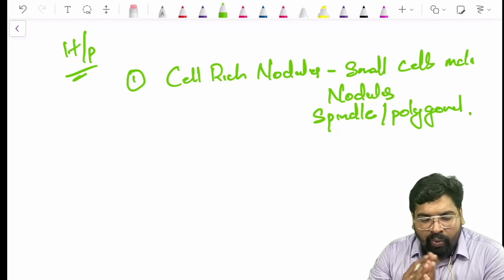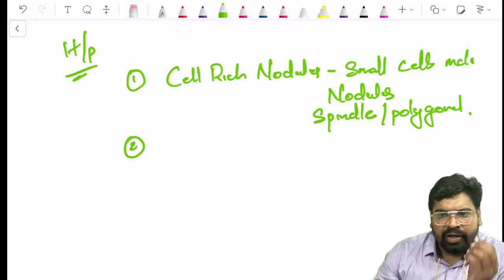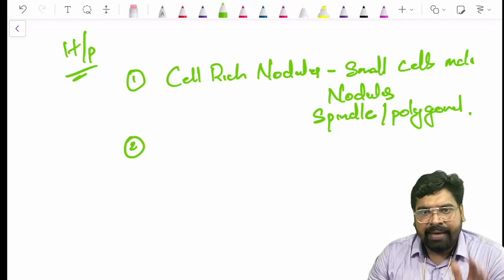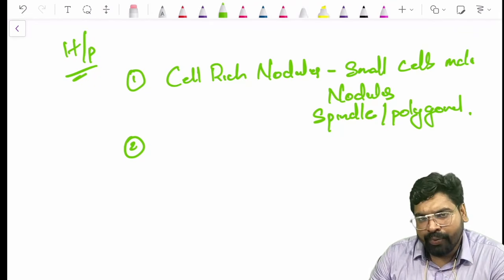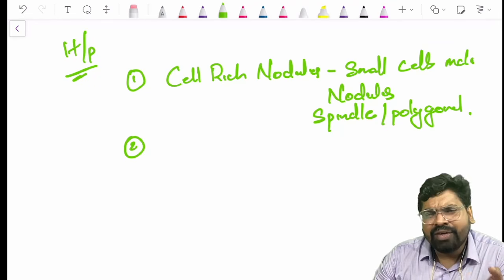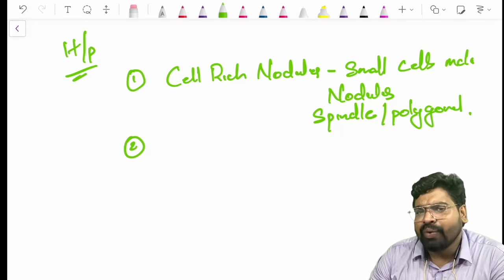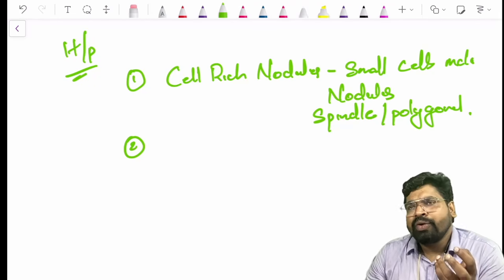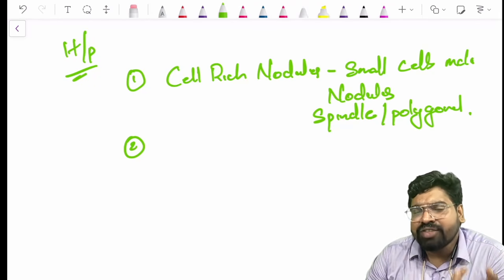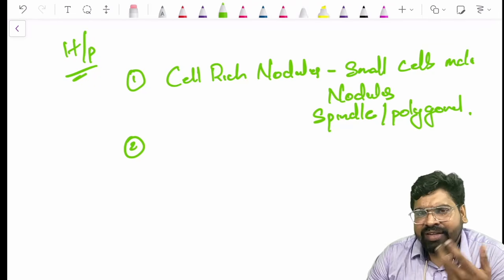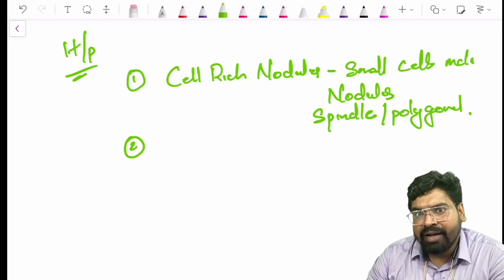Now, what else you can see? Adenomatoid odontogenic tumor is the name. Adeno is something related to a gland, right? Adenoma. So you can imagine that some kind of adeno structures are there. What is related to a gland? Ducts are related to a gland.